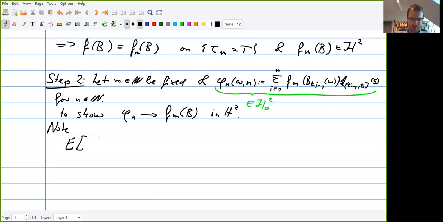Let's look at the H2 norm, which is just the expected value of the integral from 0 to t of phi_n minus f_m applied to the Brownian motion, squared. Now I want to estimate this H2 norm to show that as n goes to infinity, this goes to 0.